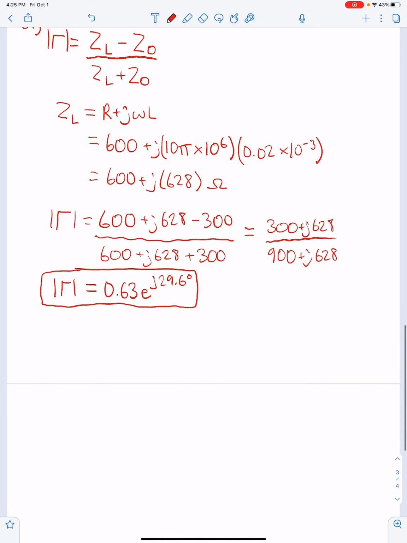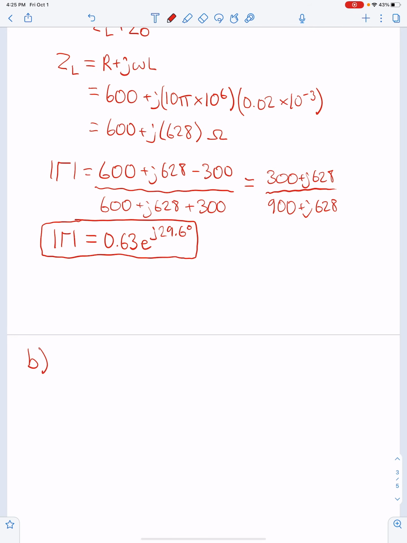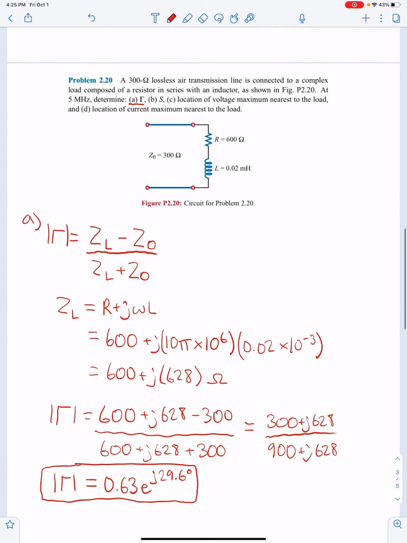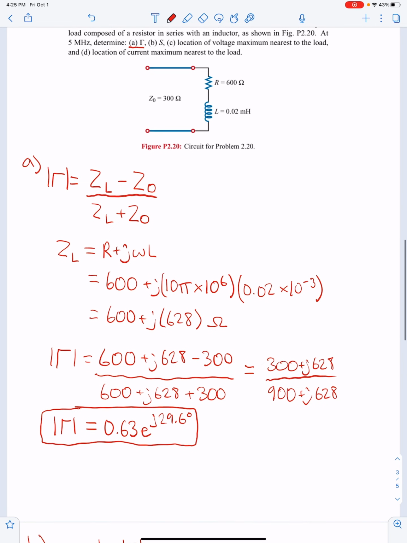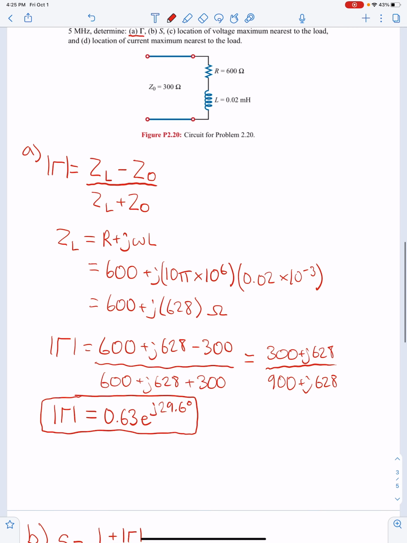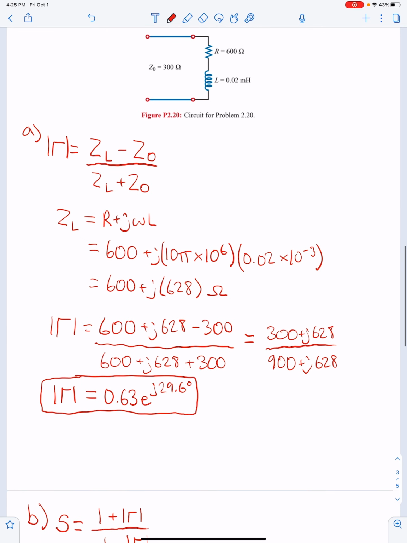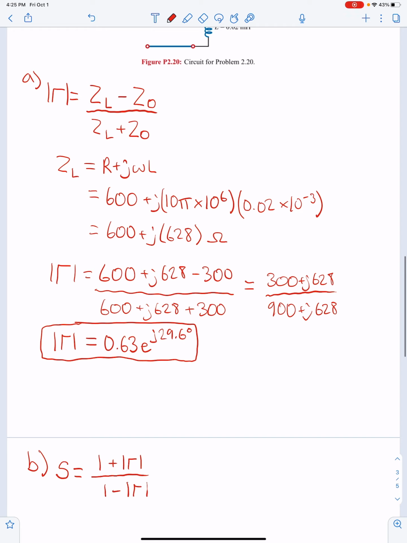Then we want to solve for our standing wave ratio, which now that we have our reflection coefficient should be pretty easy. I think I said magnitude here, and we're actually calculating for the full value. Yep, we are. So let's just pretend that those weren't there.